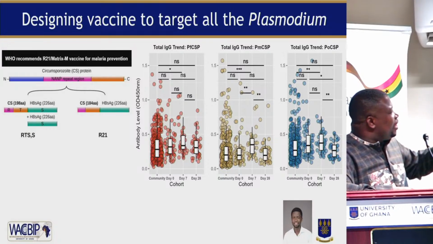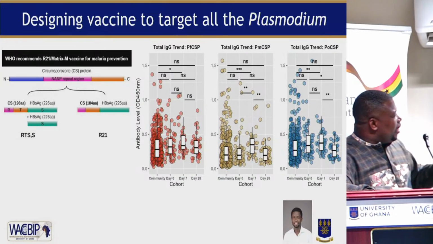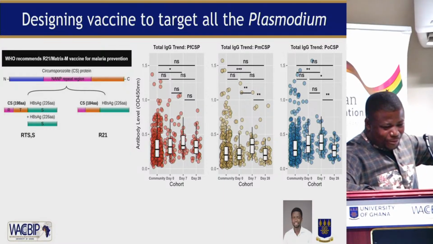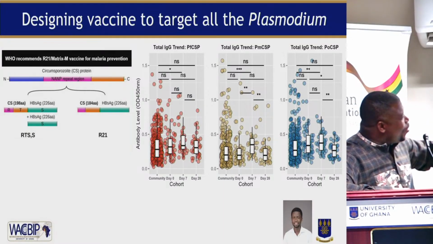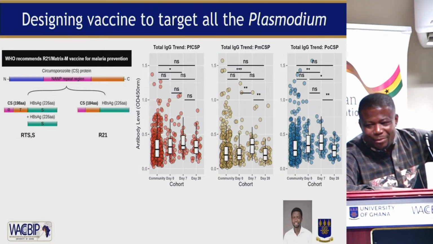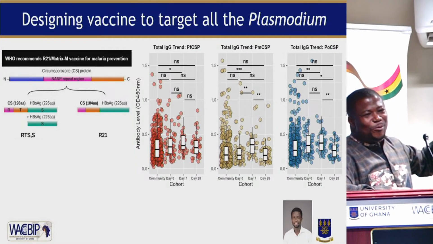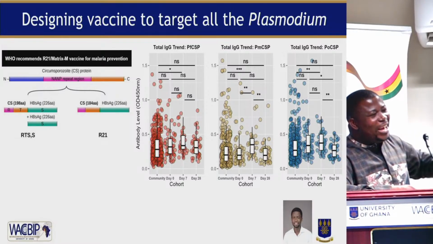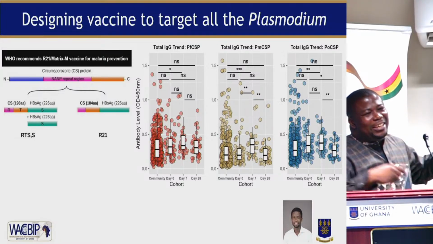So clearly what this tells us is that whether we like it or not, we see the falciparum bit. Now also we have shown that we see the malariae and ovale bit.